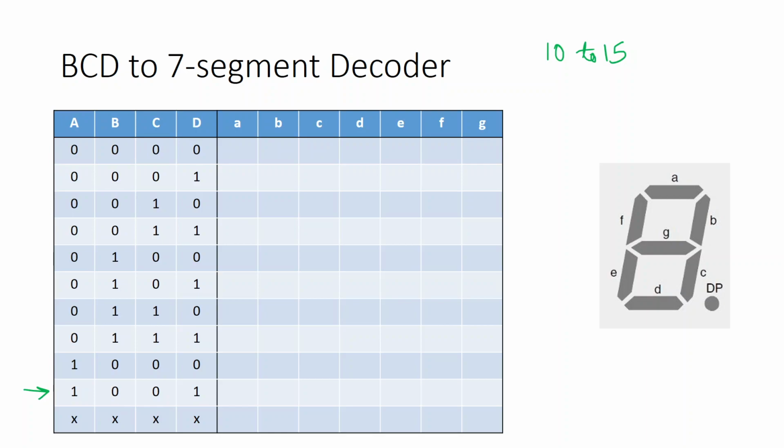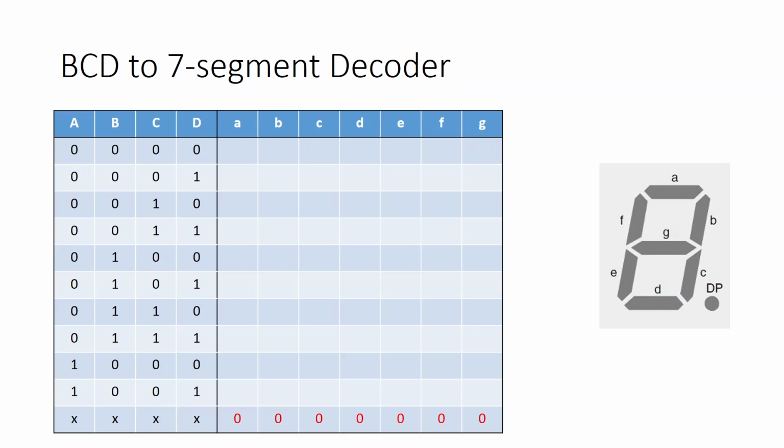So for any such input coming in, my output will be all zeros. Please remember this, they will not be don't cares. The outputs have to be 0.